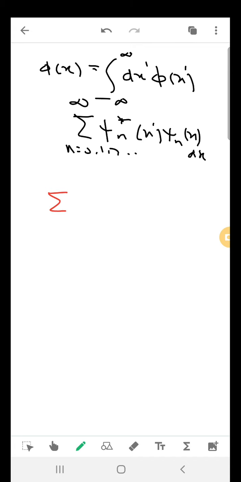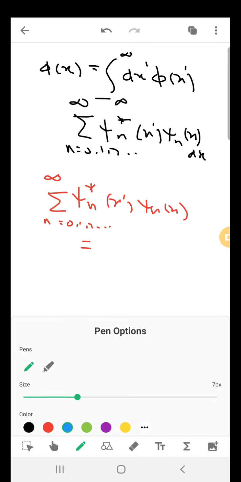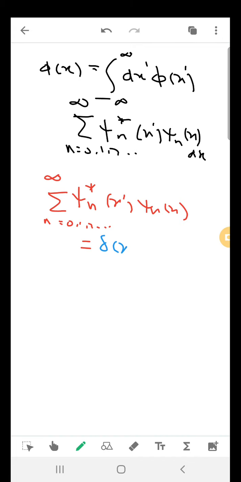We can say that summation n is equal to 0, 1 to infinity psi n star x dash into psi n x is equal to delta x minus x dash, and this is known as the completeness condition.